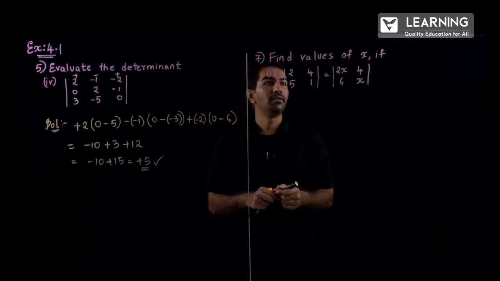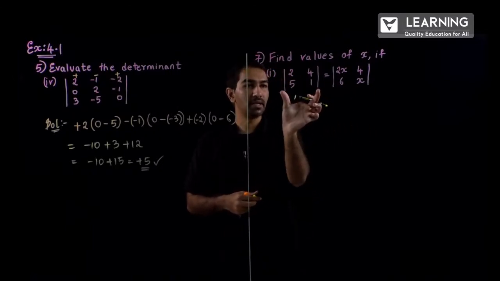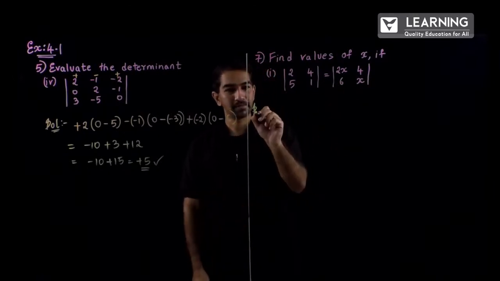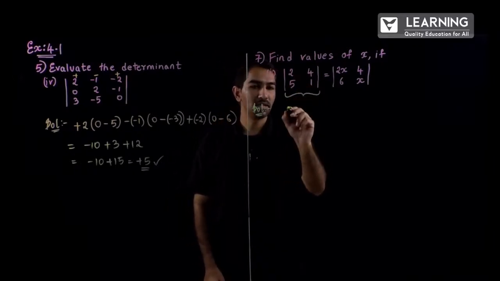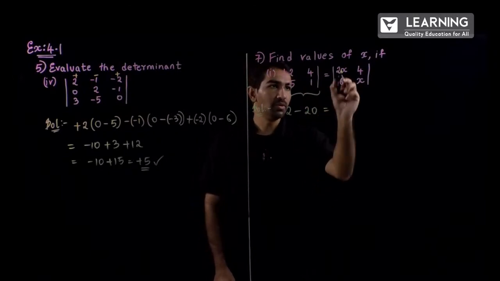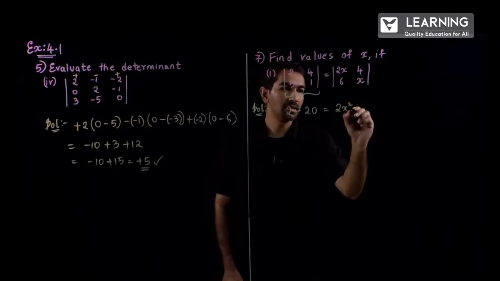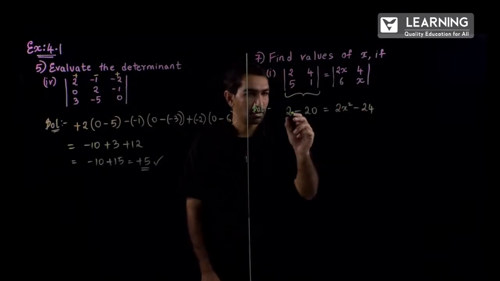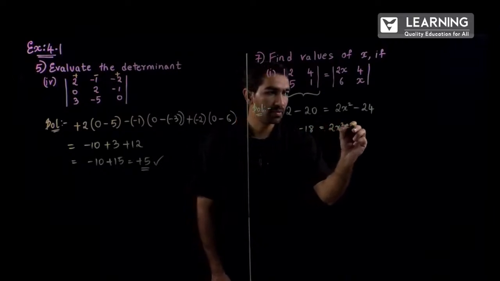Moving to the next one, find the values of x. Now they have equated two determinants, meaning the determinant of this is equal to the determinant of this. So solution: how do we solve this determinant, students? Principal diagonal first, 2 1s are 2, minus 5 4s is 20, which is equal to principal diagonal first again, 2x square minus 24. Simplify further, 2 minus 20 is minus 18, which is equal to 2x square minus 24.